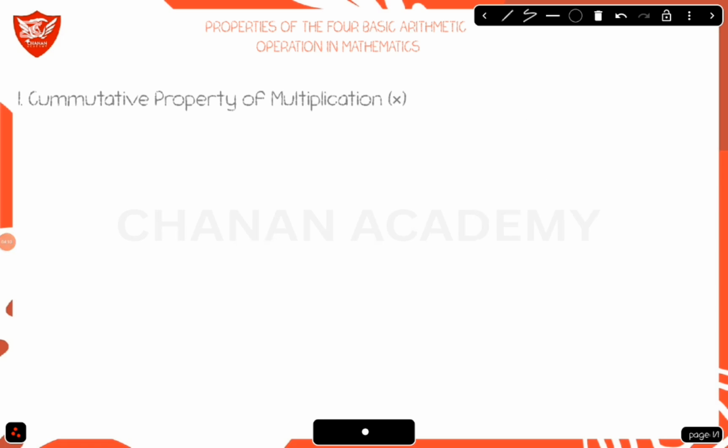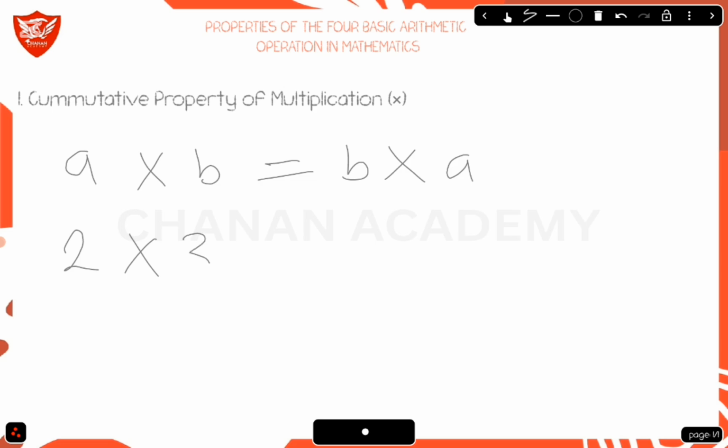So the next one is multiplication. So let's see if multiplication is commutative. So A multiplied by B equals B multiplied by A. Say A is 2 multiplied by B is 3, and B, 3 multiplied by 2.